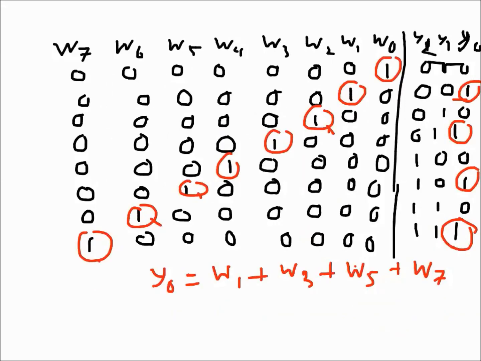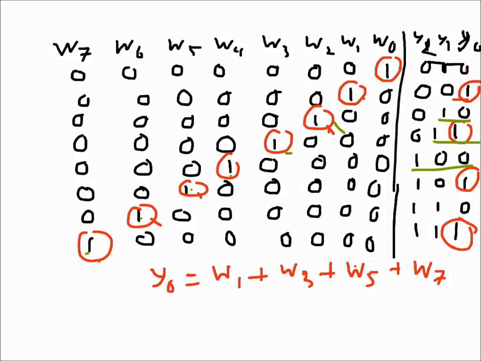So this is a truth table for an 8 to 3 encoder. There are 8 input lines and 3 output lines, and I have highlighted in red: this is line 0, line 1 is becoming 1 here, then 2 here, 3 here, then 4, 5, 6, 7. Only one input is high.